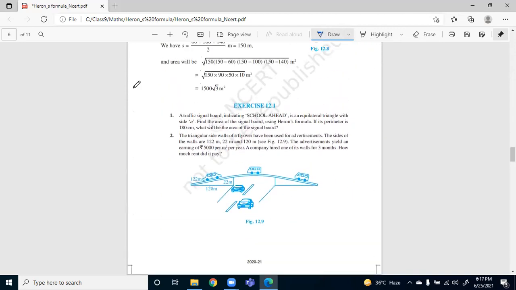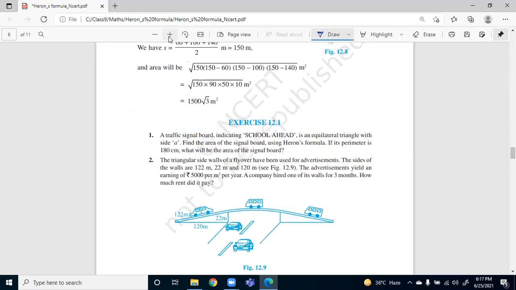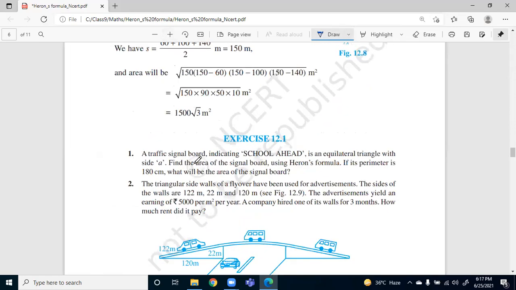Okay, so let me start with exercise 12.1. A traffic signal board indicating a school ahead is an equilateral triangle. So the shape of that signal board is that of an equilateral triangle, and it is given that the side is a.